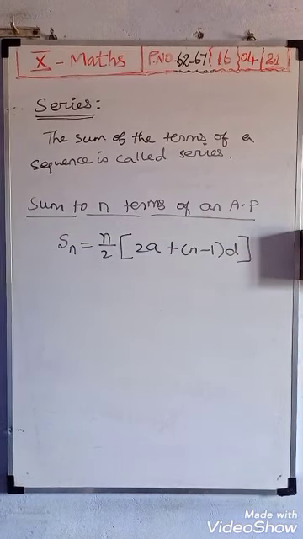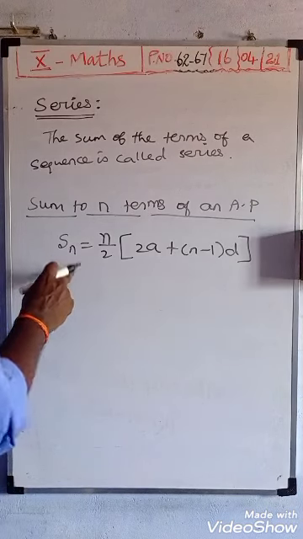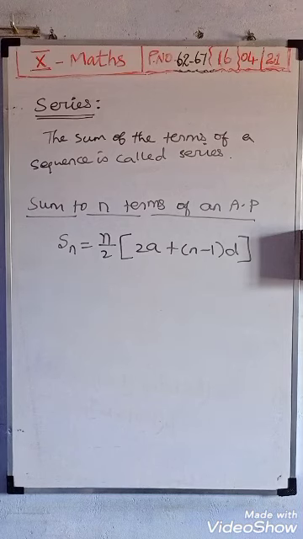In an arithmetic progression, the nth term is Tn is equal to a plus n minus 1 into d. In the same way, the sum up to n terms is Sn is equal to n by 2 into 2a plus n minus 1 into d.